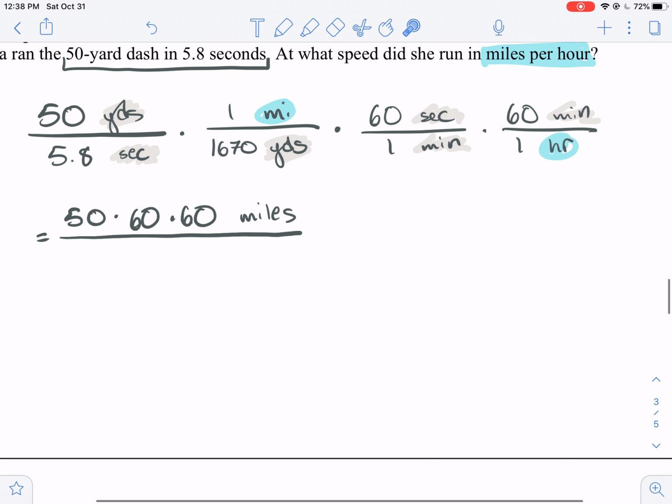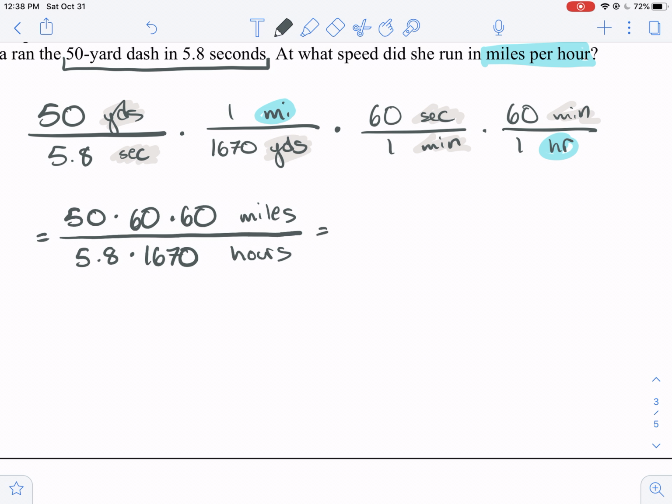Well, we start out with 5.8 times 1670 times 1, which I'm not going to rewrite, times 1 hours. Sweet. So 50 times 60 times 60 is 180,000 miles over 5.8 times 1670 is 10,208 hours.